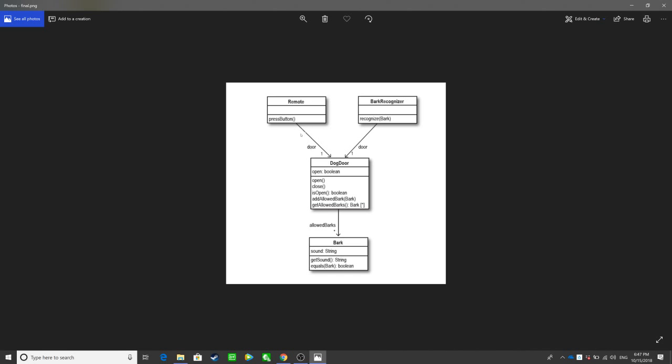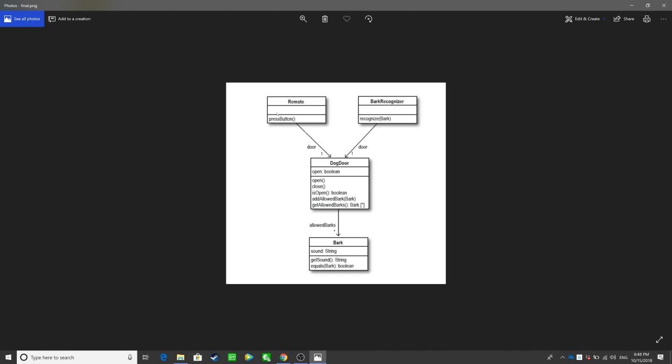So here we say the remote has a reference called door. That means this remote actually has an attribute called door, and this attribute is of the type dog door. You can either put this door as the text on this association, or you can remove it from here and put it into the attributes area of the remote.